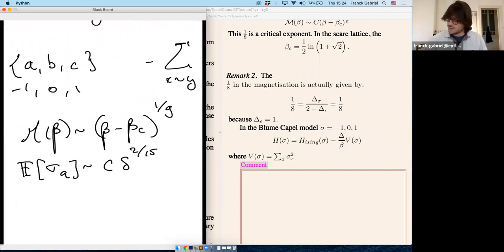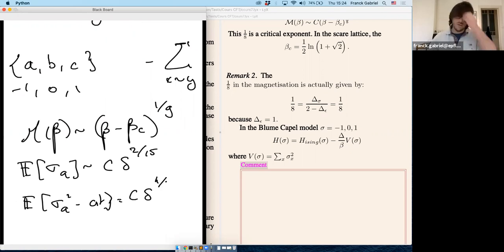And you know also that the expectation of sigma a squared minus a constant is equal to c delta to the power 5/4. Okay. So now if you look at the equation I had here, normally you should see that everything matches here. Okay.